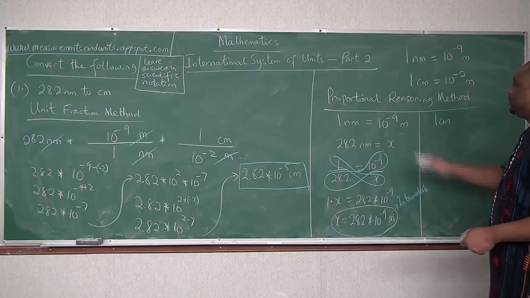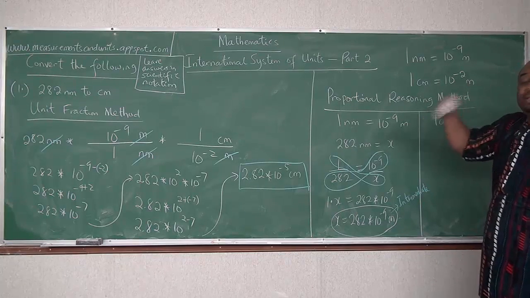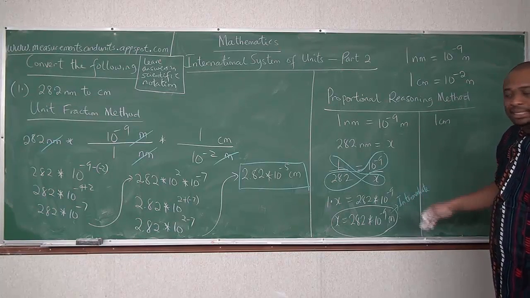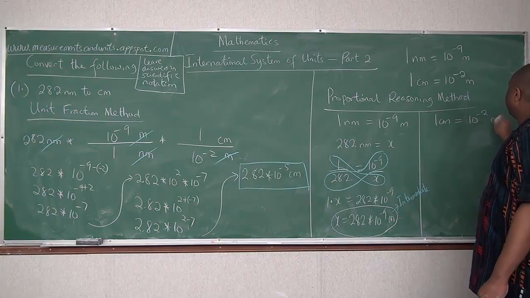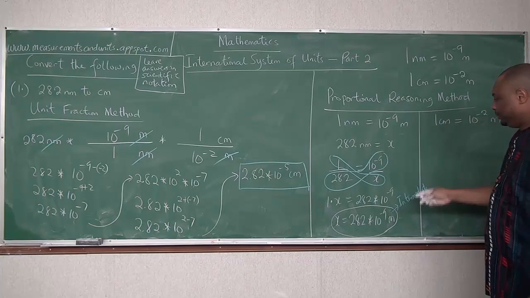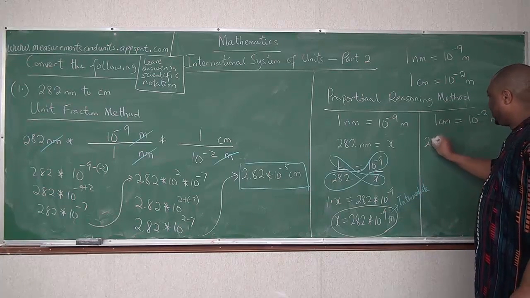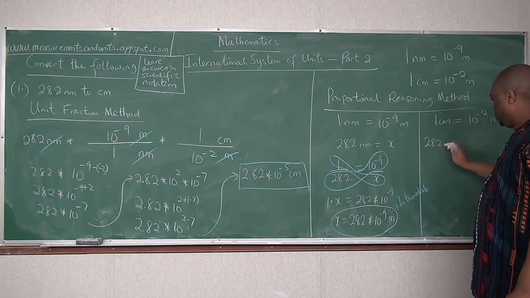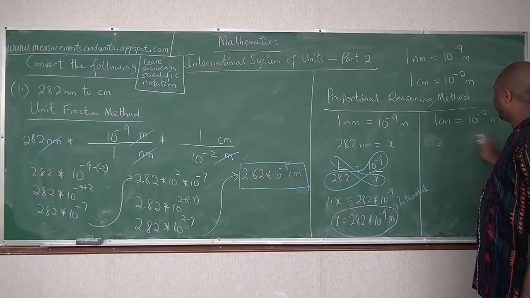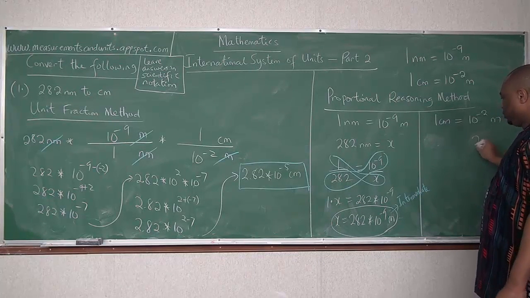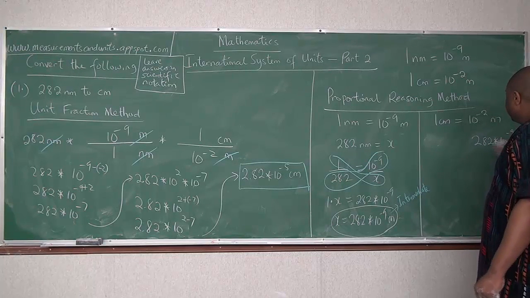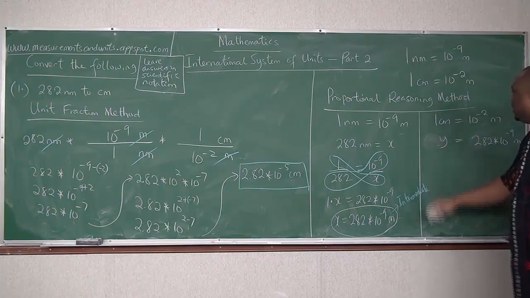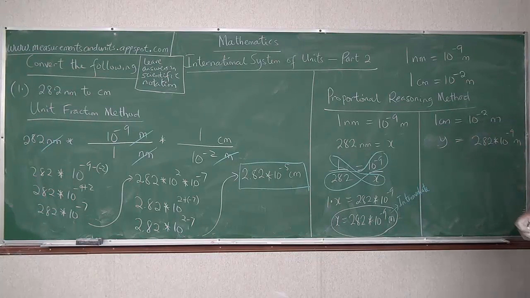So I still have to come here and convert these meters to centimeters. So 1 centimeter is 10 to the power negative 2 meters. Okay? So this is 282, and I would like to put the meters here. 282 times 10 to the negative 9 meters. I call this y.